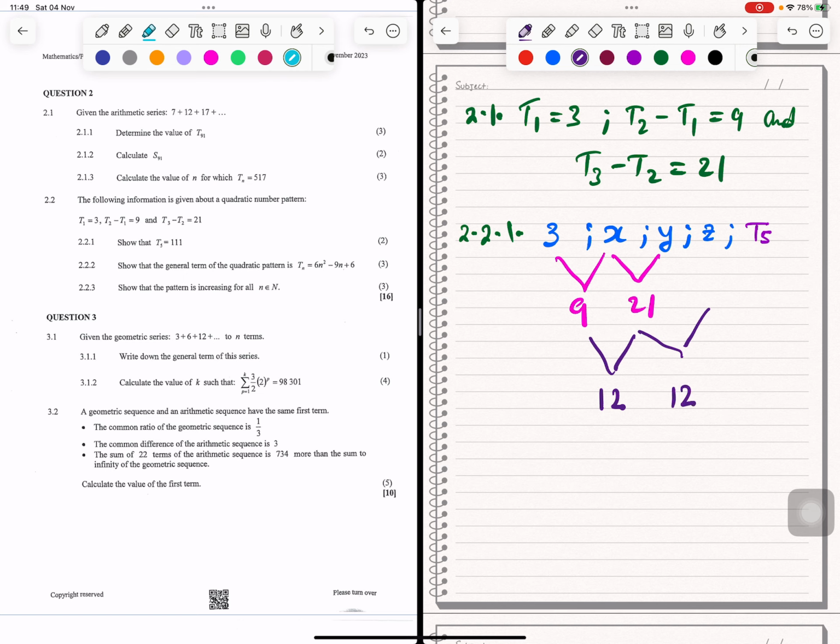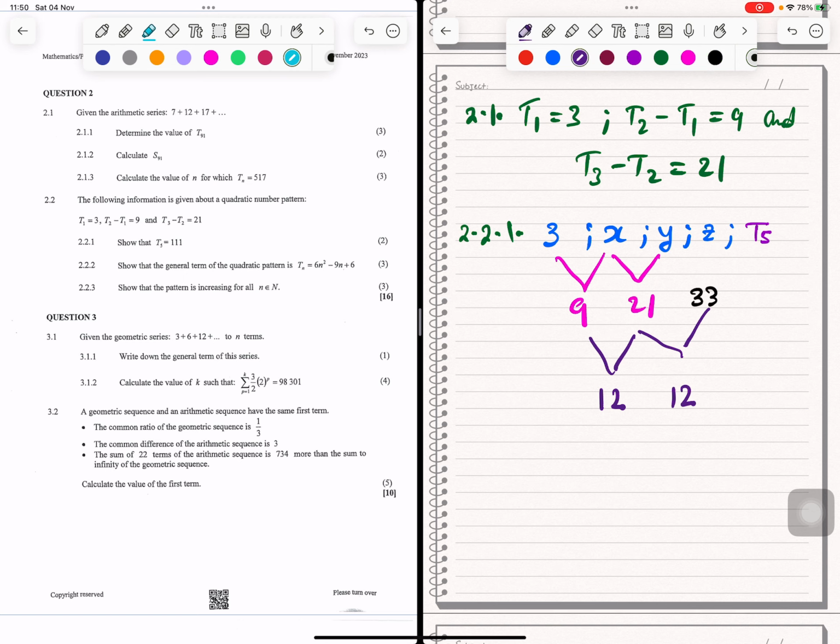So now this tells us that we need to also get this term. But what I want to warn you is that in a quadratic pattern, the first difference is going to form a linear pattern. That means to get the term that comes here, we need to add 12 to 21, and that is going to give us 33.